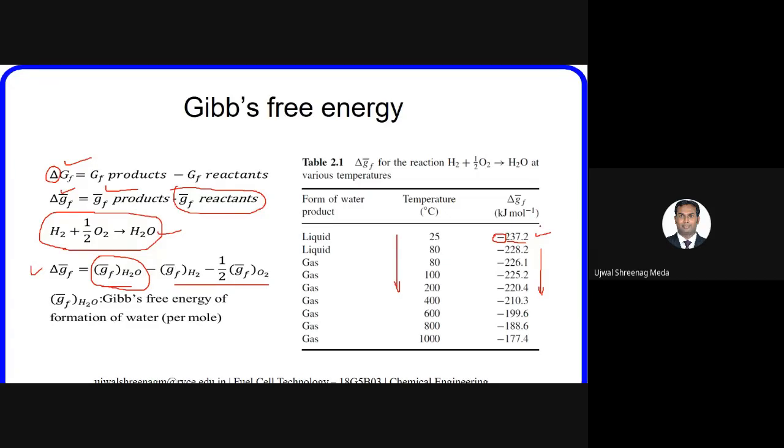The value decreases with increasing temperature. What is the meaning of this? If we carry out this reaction at room temperature, the change in Gibbs free energy of formation that can be effectively utilized to generate electricity is more. That is what we can understand from this table and the reaction.